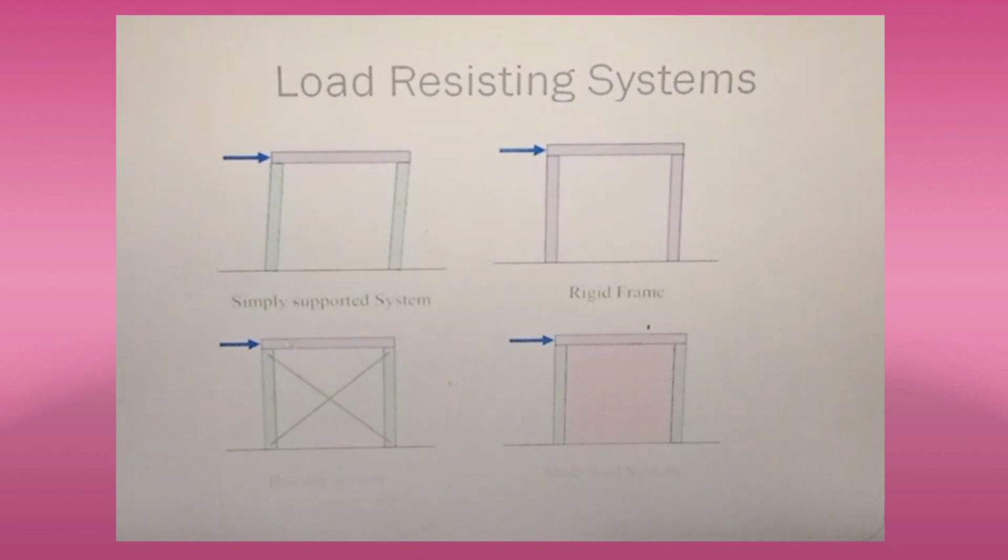If we have provided bracing for lateral load resistance but it is only simply supported, it is going to deflect, or the wall is going to topple. Here is a shear wall system. These are some lateral load resisting systems.